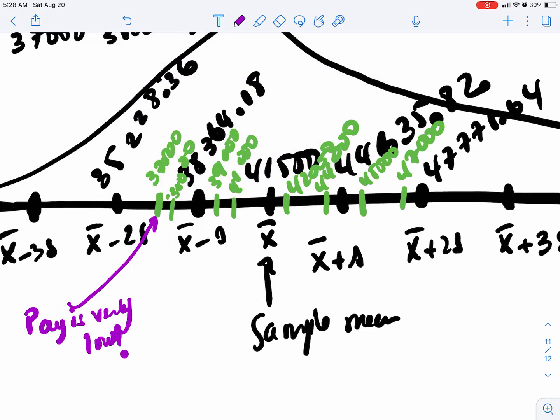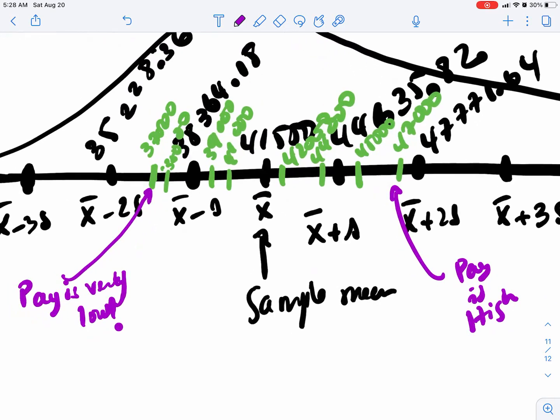If I come in and I have a salary of 47,000, it means my pay is high. What could be the reason for my pay being high? They probably really wanted me. They really wanted to hire me. They really wanted to work with me. So they were willing to pay the big buck.